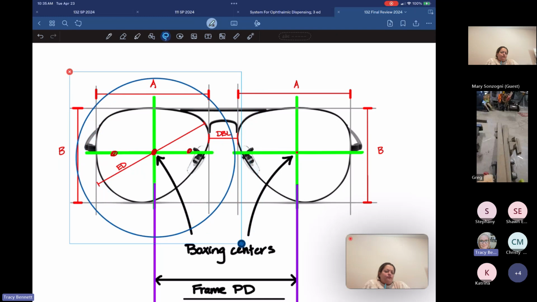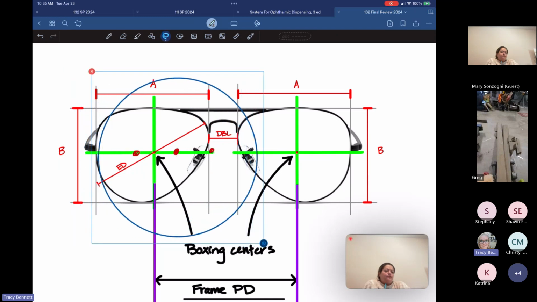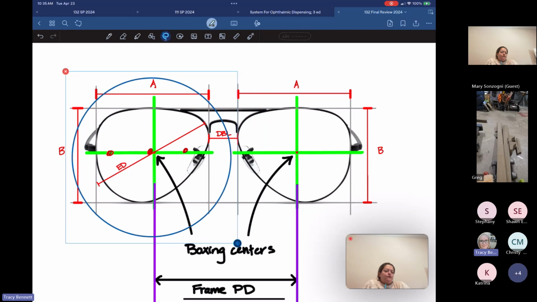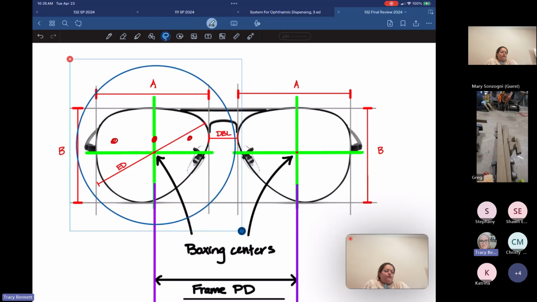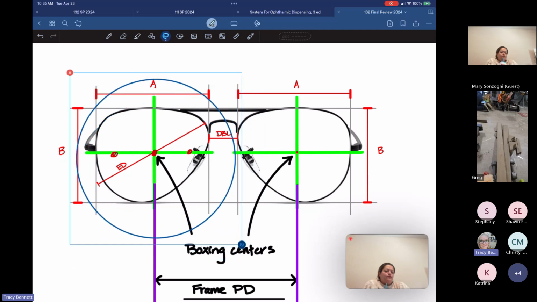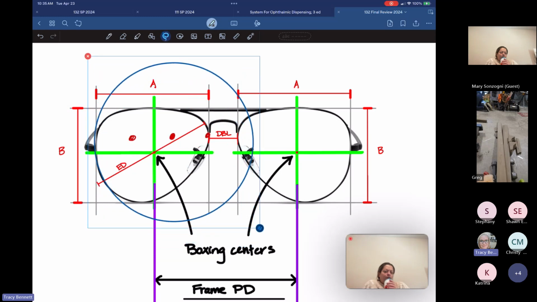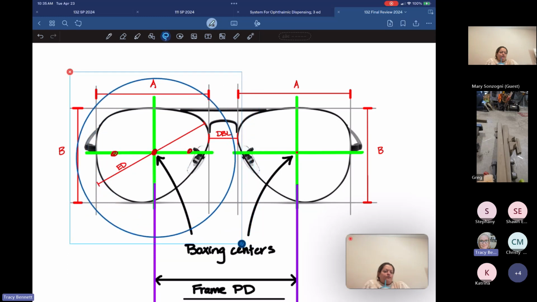We do a horizontal movement, either in or out, and a vertical one, either up or down, of the OC based off of wherever the eye is. If we don't do any decentration, then we end up with an optical center at the boxing center, the center point of the frame. And this particular question told us that no decentration occurred.